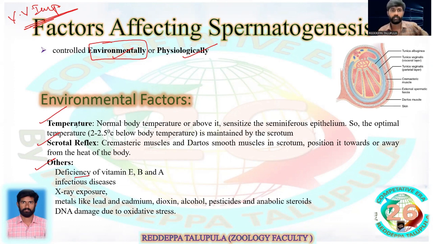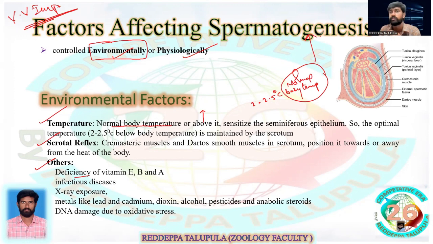Let us discuss each one. Temperature. The optimal temperature for spermatogenesis is 2 to 2.5 degrees Celsius less than the normal body temperature. Above it, spermatogenesis will not happen. Below this, the spermatogenesis will also be inhibited. Okay, keep it in mind.